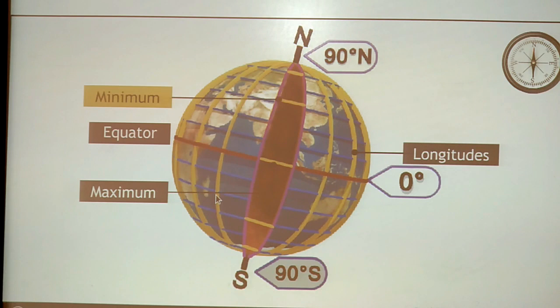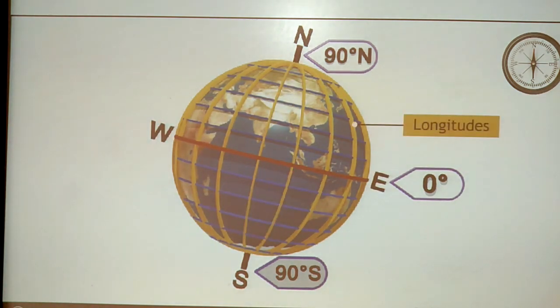As you can see in the picture, the distance between the longitudes is more near the equator and it is minimum near the poles. It is due to the shape of the earth.